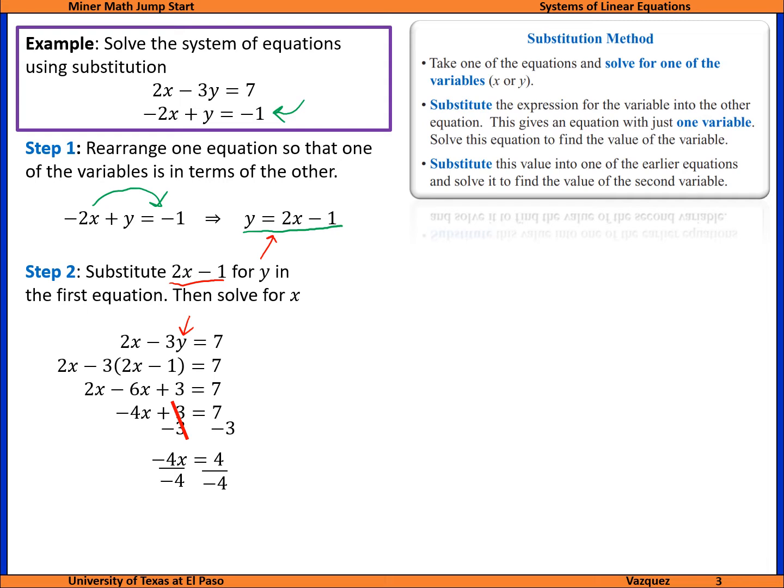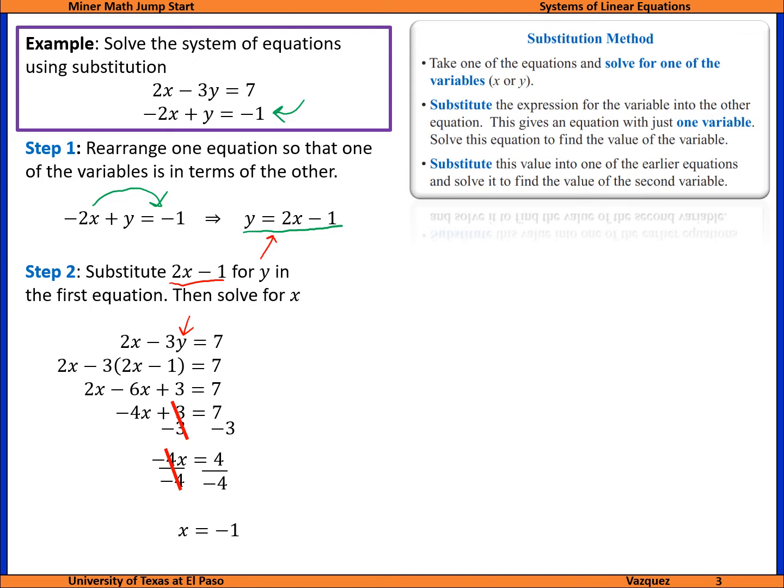We divide both sides by negative 4, and we finally get that x is equal to negative 1. How were we able to do that? By substituting 2x minus 1 for y. We want to get rid of that y so we only have x in our equation, which makes it a lot easier to solve for x.